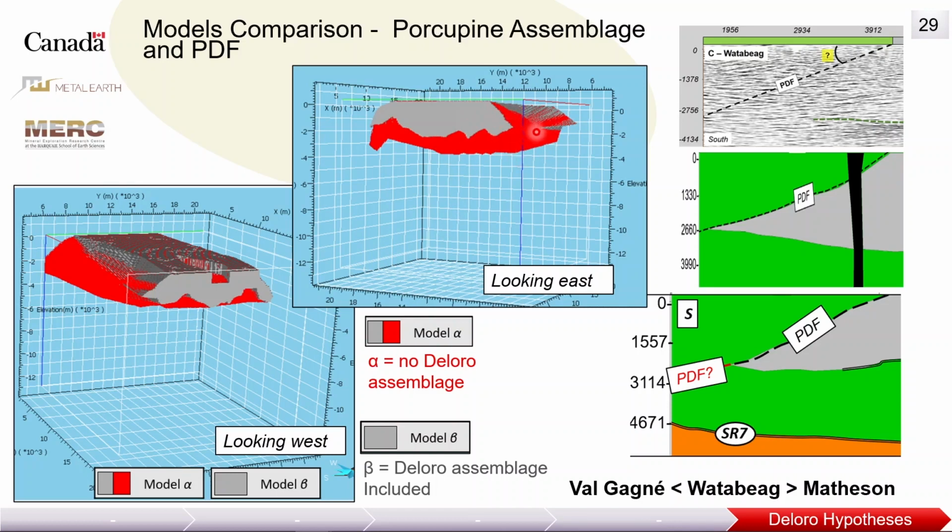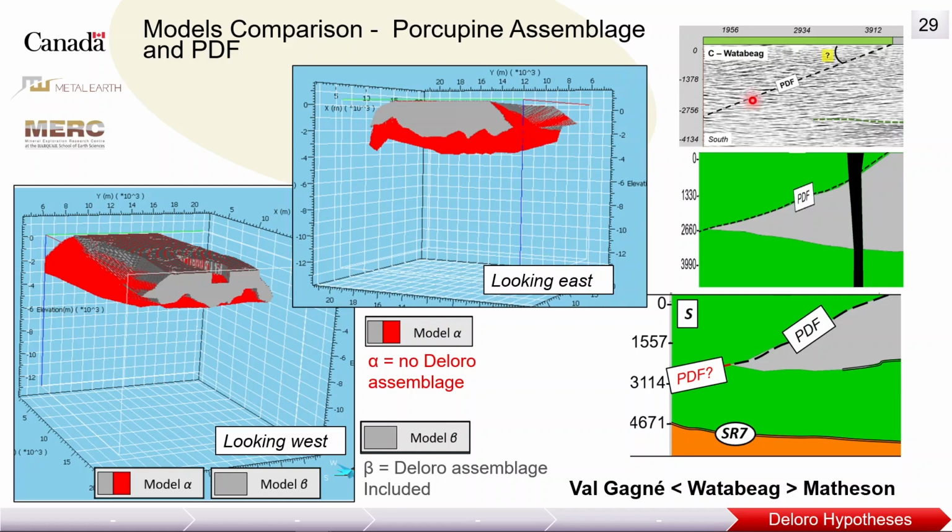Here, it's going to change a little bit more at the west, because the top of Deloro has an angle. But in Madison, the Deloro is horizontal and doesn't change. Pretty much whether you have Deloro or no Deloro, the porcupine assemblage at the Madison will be pretty much the same.